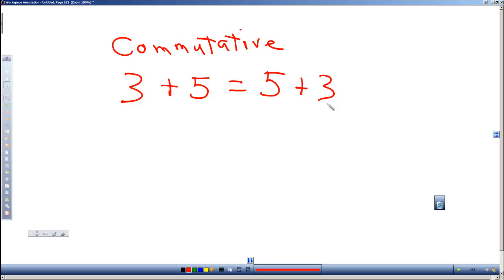So with Boolean algebra, the order doesn't matter when we're using Boolean expressions, so we can say that A or B is equal to B or A.